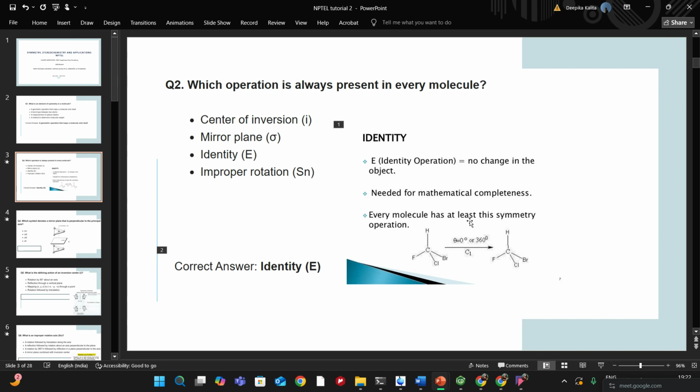And it can also be shown in this picture. So it converts itself into an identical position. So out of these four possible options, center of inversion, mirror plane, identity, and improper rotation, the correct answer will be the identity symmetry element. This is present in all molecules, every molecule.